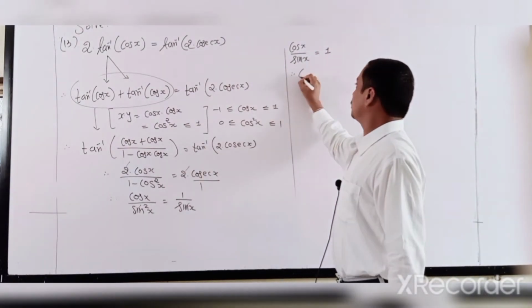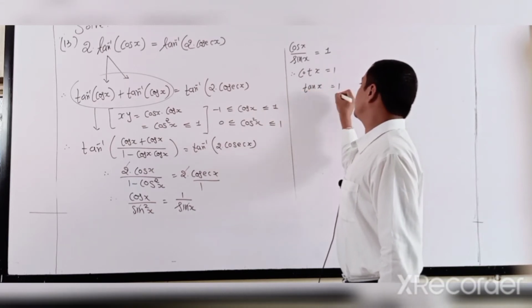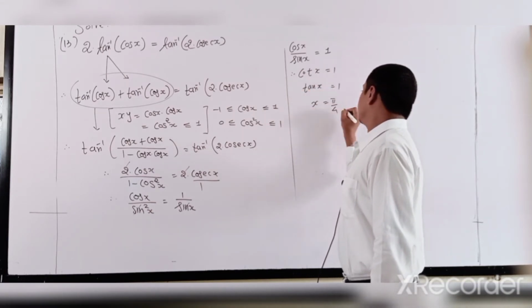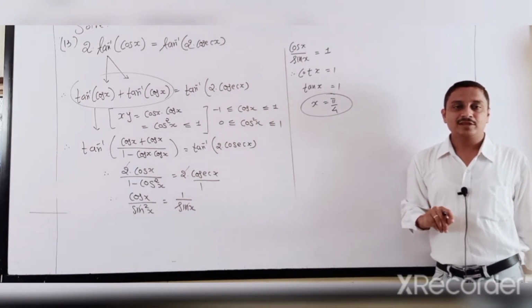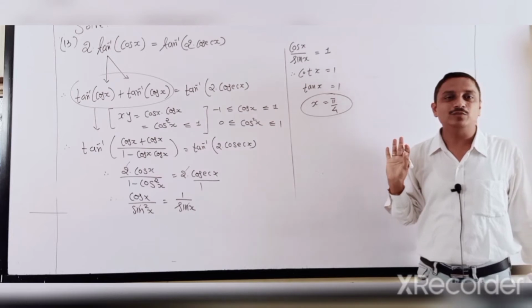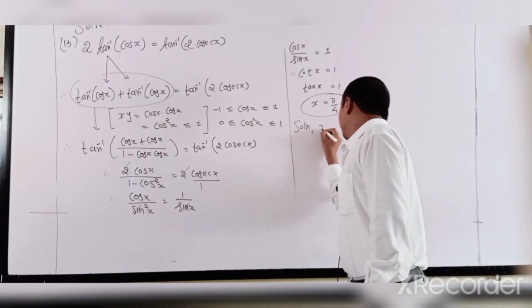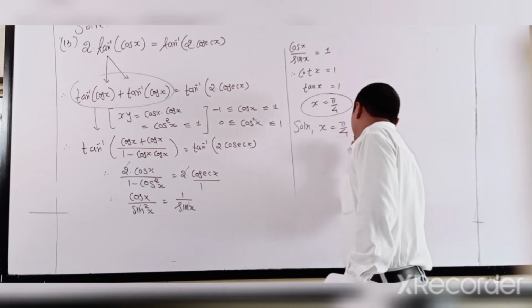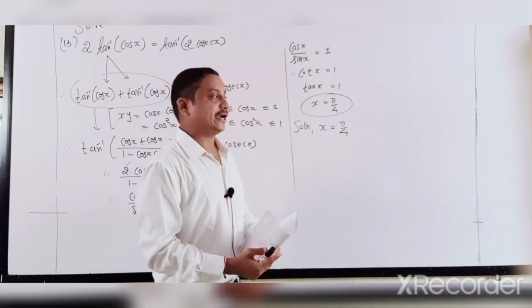So it is cot x. It means tan x is equal to 1. And when tan is 1, yes, it is 45 degree. And happily, easily, this numerical is done. So finally, my solution is x is equal to pi by 4. We are happily finished. So write properly.